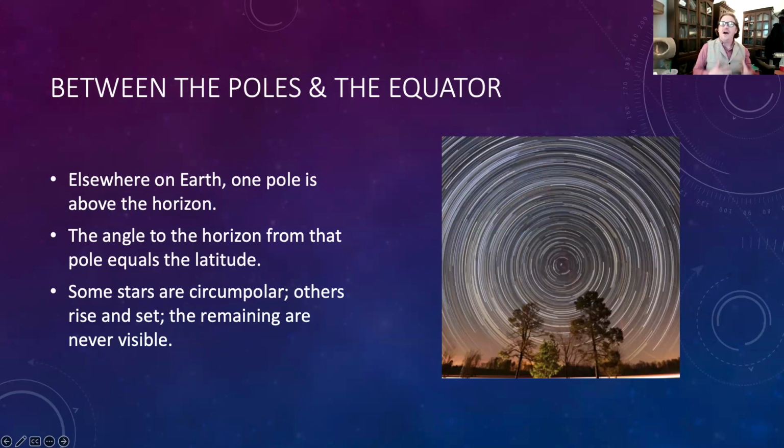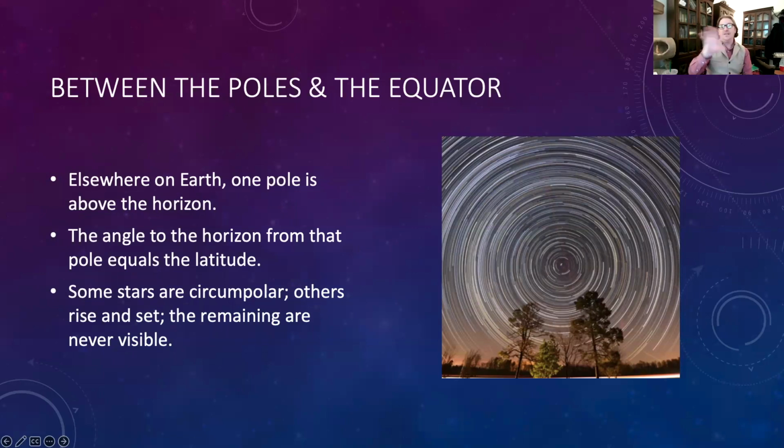I should have made the caveat that that is the case for all stars that are not circumpolar. For circumpolar stars, anywhere between the poles and the equator, you're going to have essentially two points of transit where it moves from one hemisphere into the other, from east to west or back again.